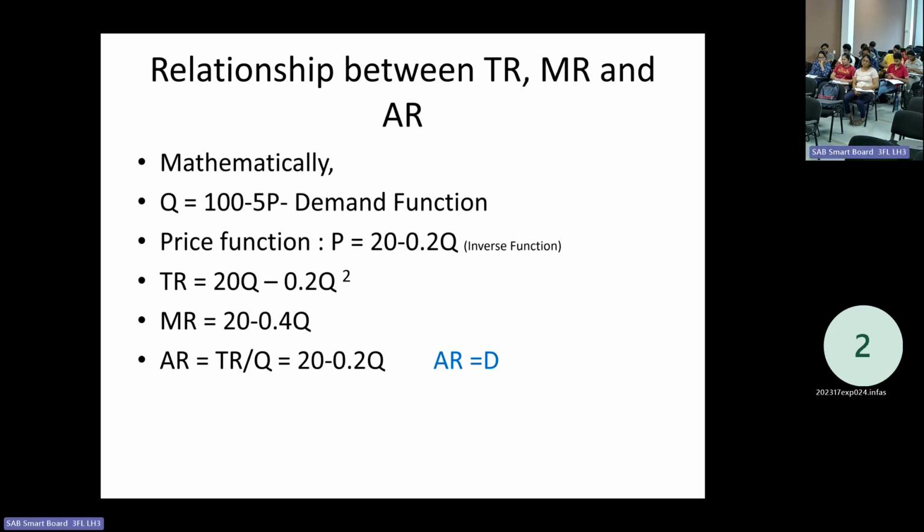Now we take the total revenue. Total revenue is price times quantity. So we take the price function multiplied by the quantity.